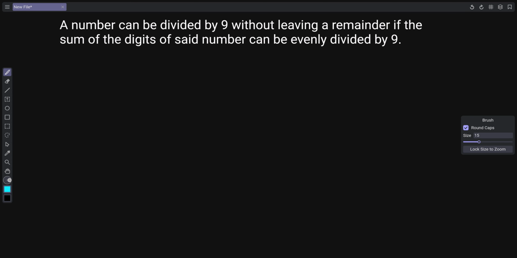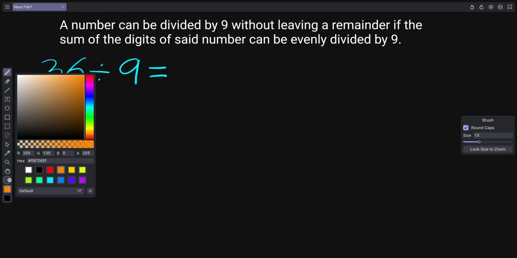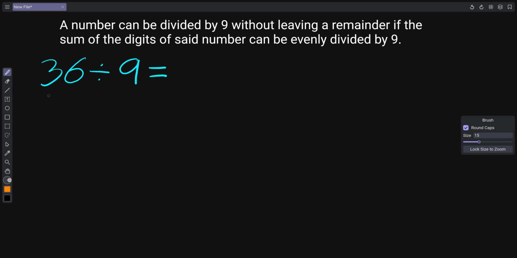So what does that mean? Well, we'll go into an example. Let's say we had 36 and we were wondering if this was evenly divisible by 9. How do we figure this out? Well, we would look at the two digits we have. So we have 3 and we have 6. And we are going to add these together. So we'll take 3 and we'll add 6 to it.